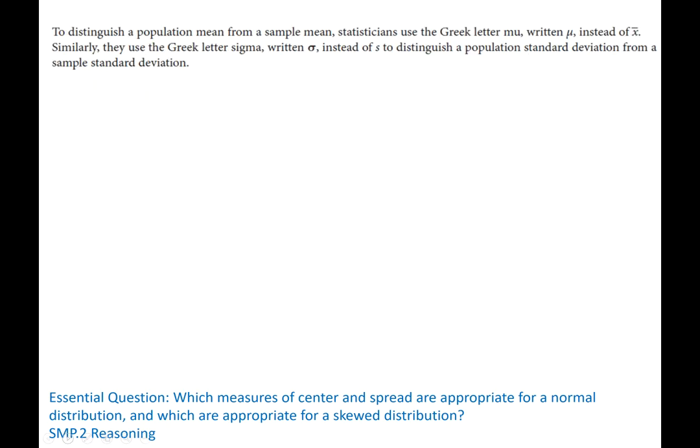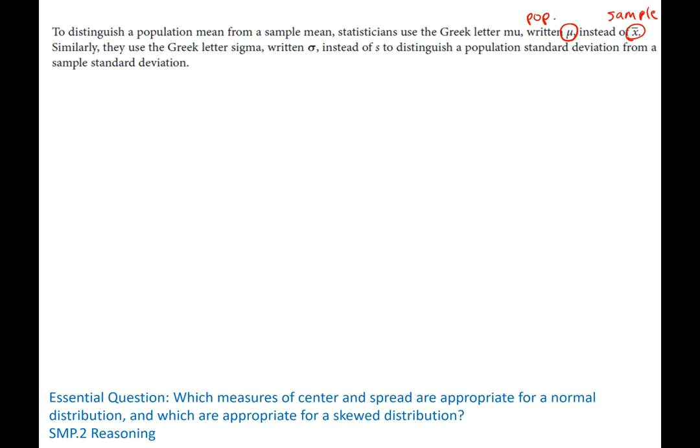We have at the bottom there, it says to distinguish a population mean from a sample mean, statisticians use the Greek letter mu, written as mu, instead of X bar. So this one is for a population and this one is for a sample.